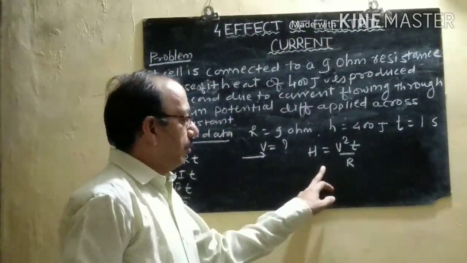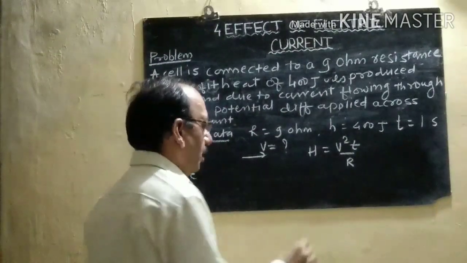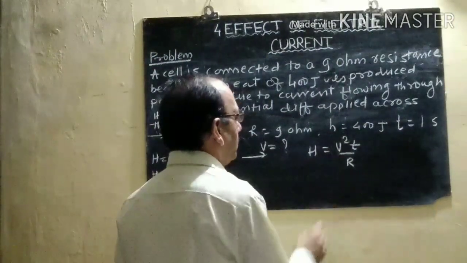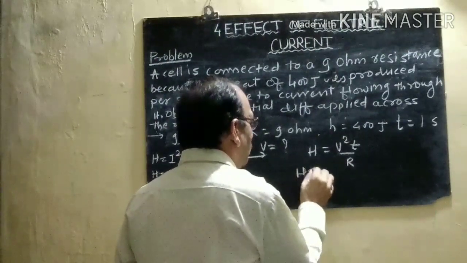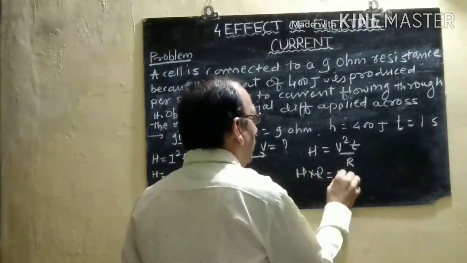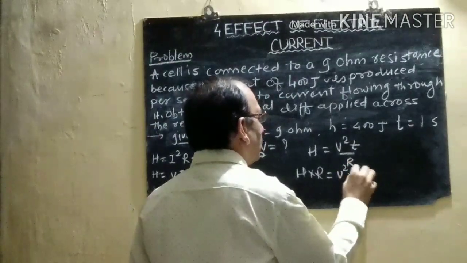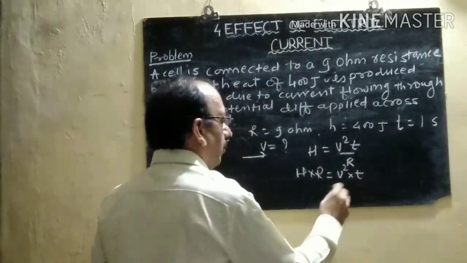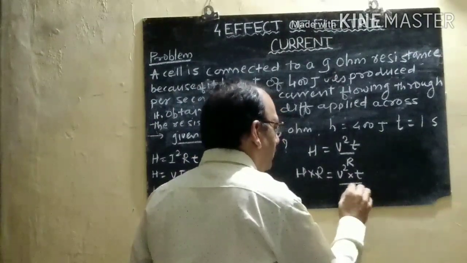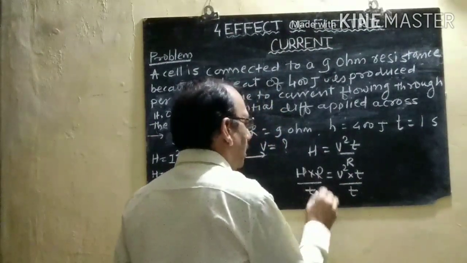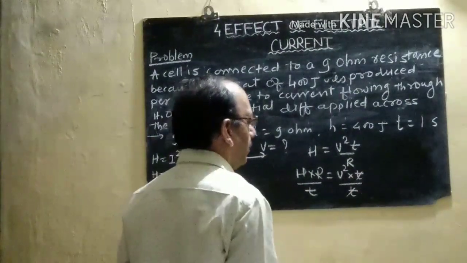First of all, we rearrange the formula, as we have to calculate the potential difference. H into R is equal to V square into T. Then by dividing both sides by T, this T gets cancelled.